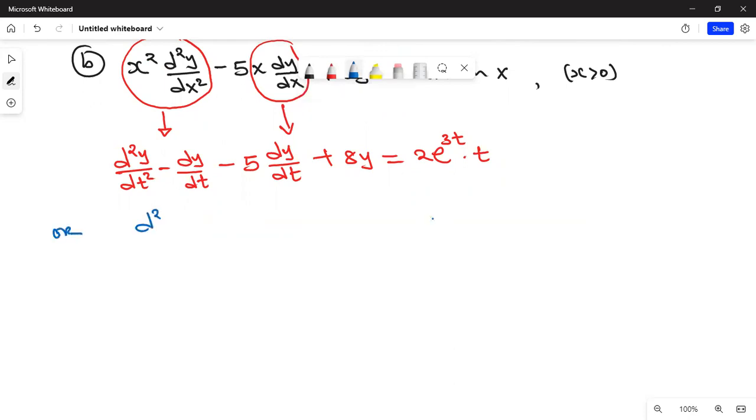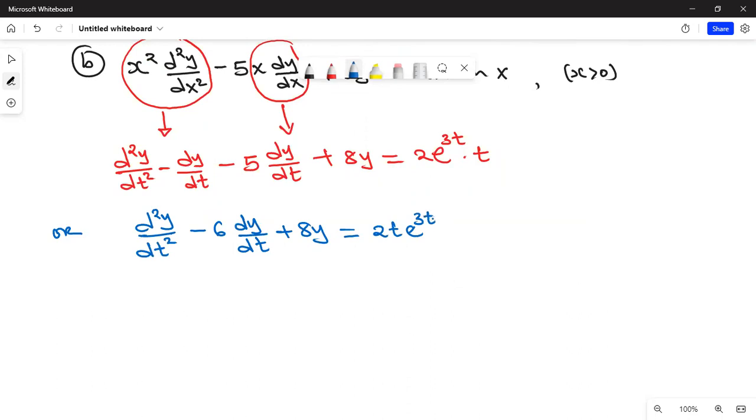So you can say, or, d squared y over dt squared minus 6 dy dt plus 8y is equal to 2t times exponential 3t.